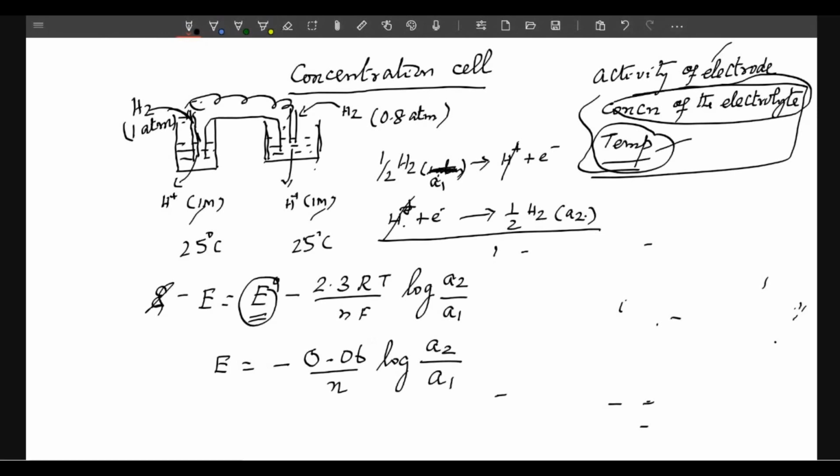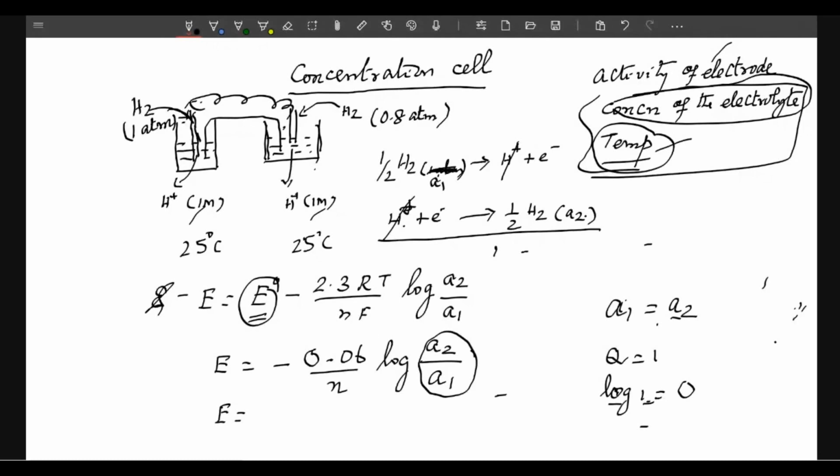And when will the E value be 0? What would be the case? When the activities of A1 and A2 are the same, then the quotient becomes 1, and log of 1 is equal to 0, therefore E would be 0.